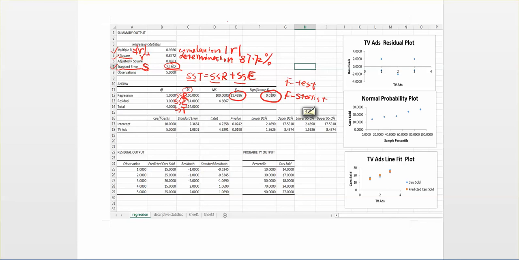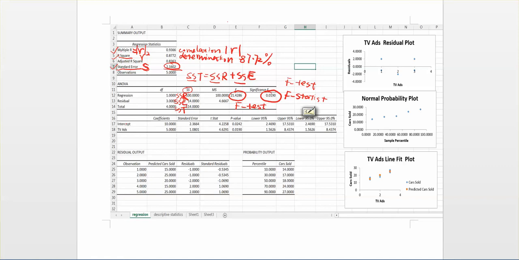So in this table, you need to know where to find the F statistic and the significance of F, because you are required to do the F test to test the significance of the whole model. And you also need to know where to find SSR, SSE, and SST. Everything comes from the second part of our Excel output.